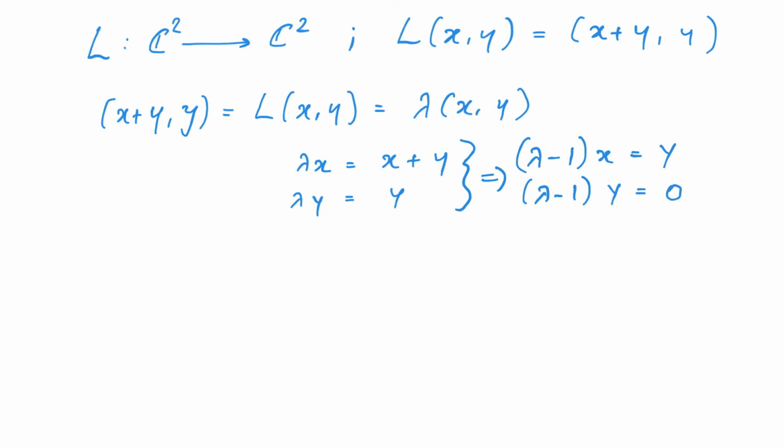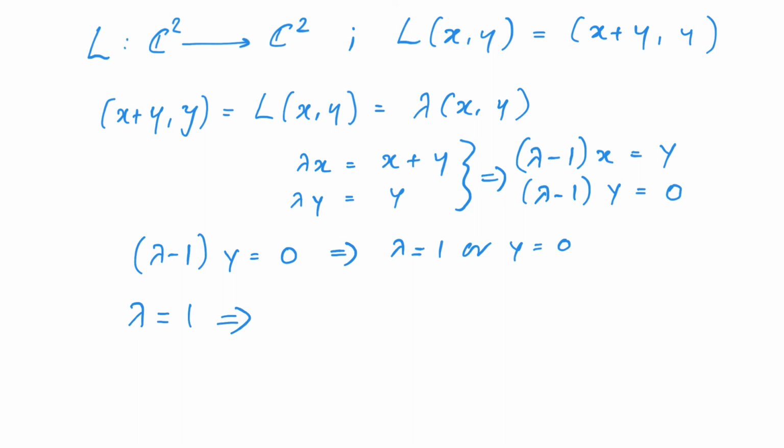Now, (lambda minus 1) y is equal to 0 implies that either lambda is equal to 1 or y is equal to 0. Therefore, the only eigenvalue of L is lambda equal to 1. But if lambda is equal to 1, then y is equal to (1 minus 1) x, which is equal to 0.